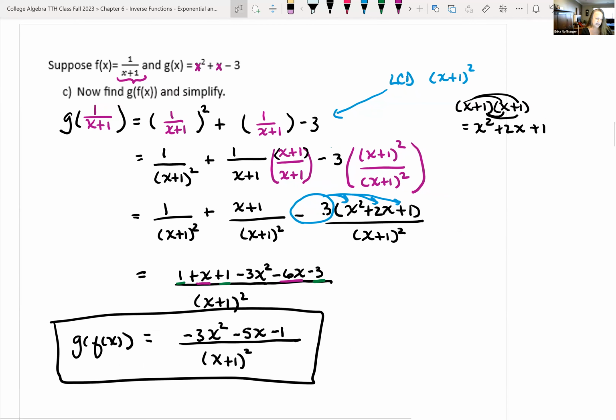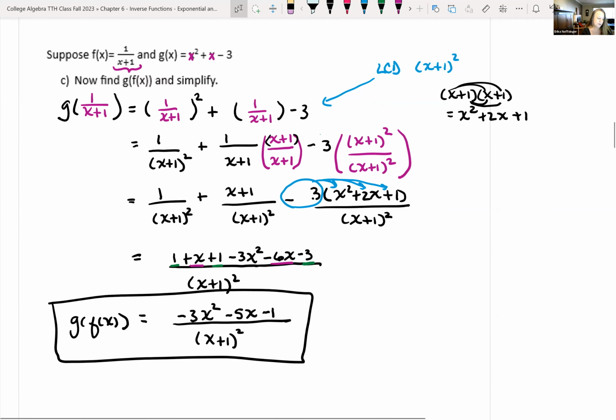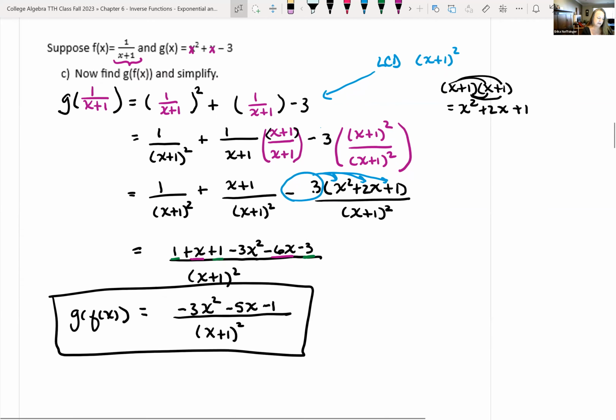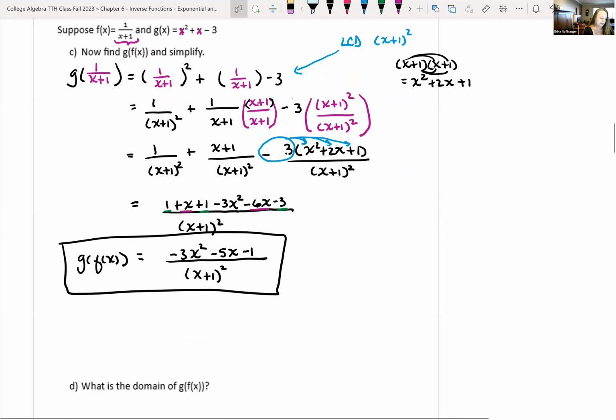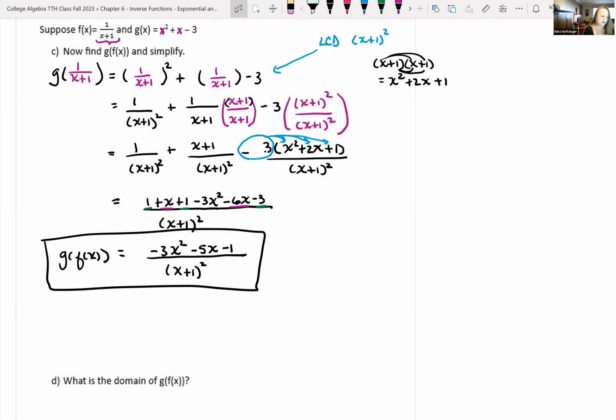So the next piece wants us to find the domain of our g of f of x. We already found that for the inner function f of x, x cannot equal -1.